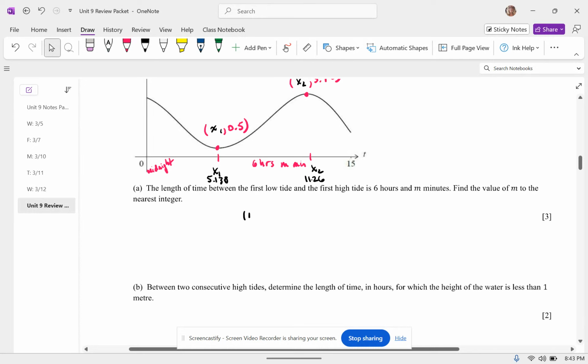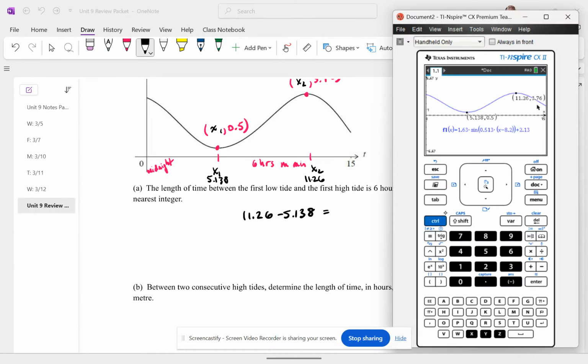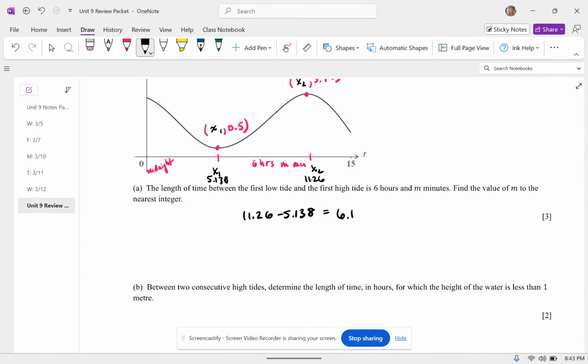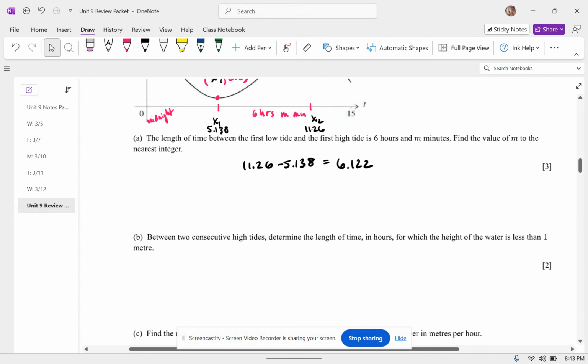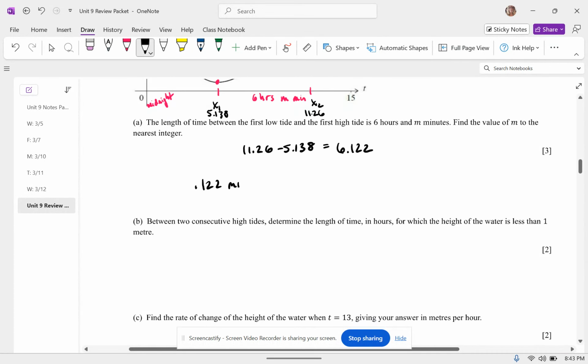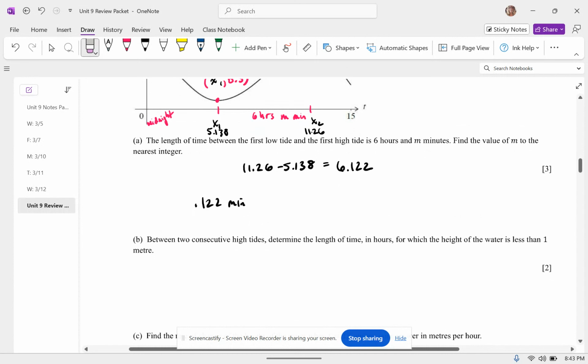So now I'm going to do 11.26 minus 5.138, and that's going to give me the horizontal distance between those two times. Okay, so I have 0.122 to work with here, right? I've got to figure out what that translates to. Oh no, this is of hours, right? So I've got this much of hours to convert to minutes.